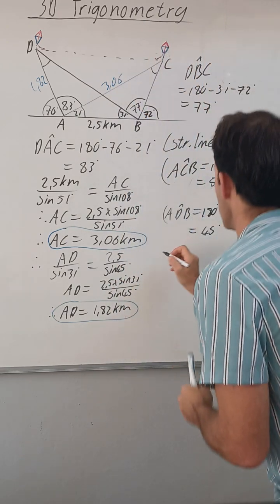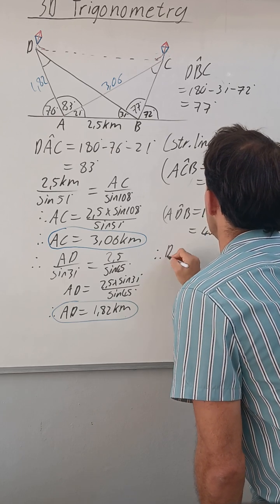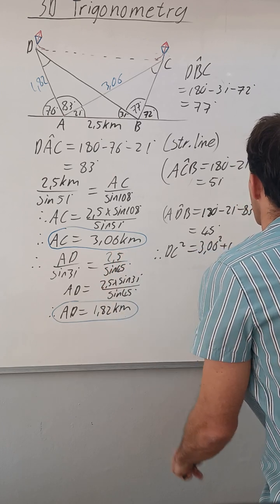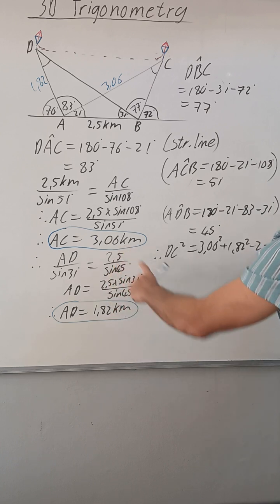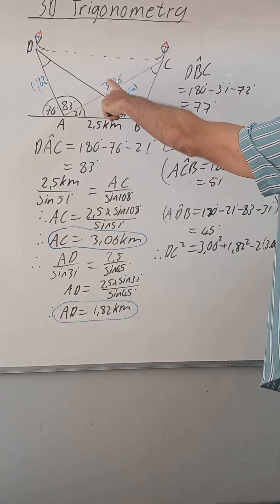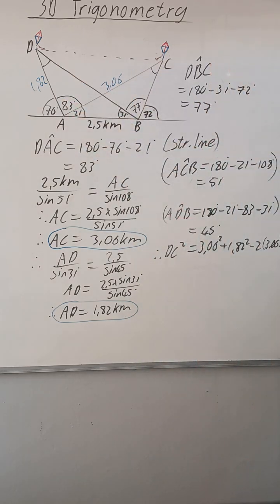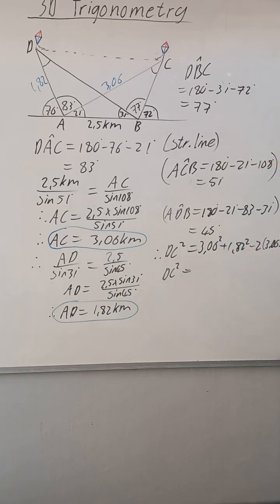Now we can say therefore DC squared is equal to 3.06 squared plus 1.82 squared minus 2 times 3.06 times 1.82 times cos of the angle between them. So we use this one, so it's 83. Okay, so now we're going to simplify this.